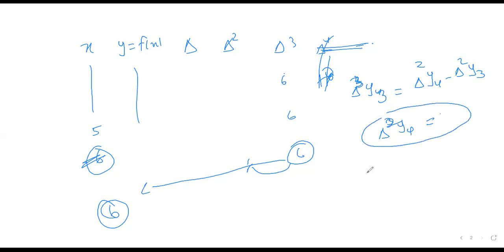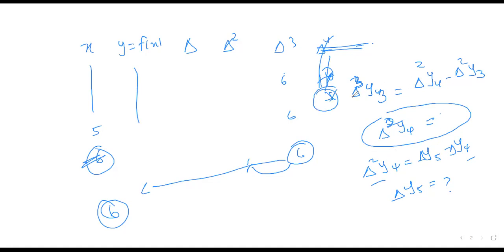And then delta squared y4 can be equal to delta y5 minus delta y4. From this we know y4, we know this one. So from that you can find delta y5. You can't use the table for these things. You have to calculate with the steps how you have found.